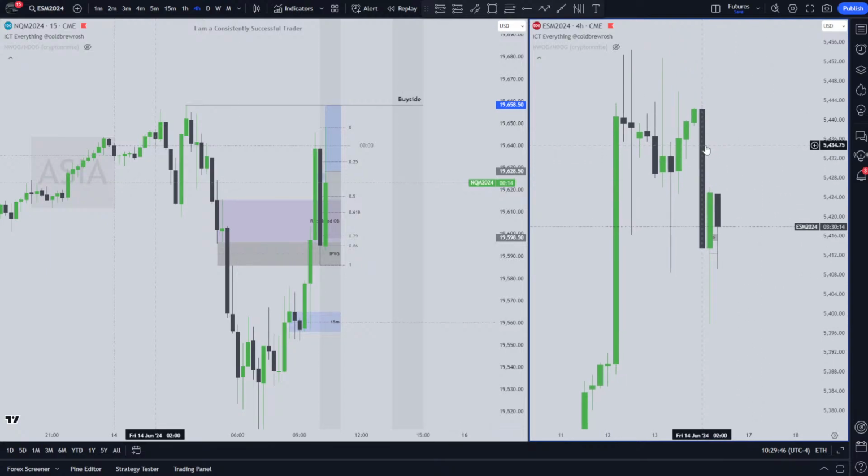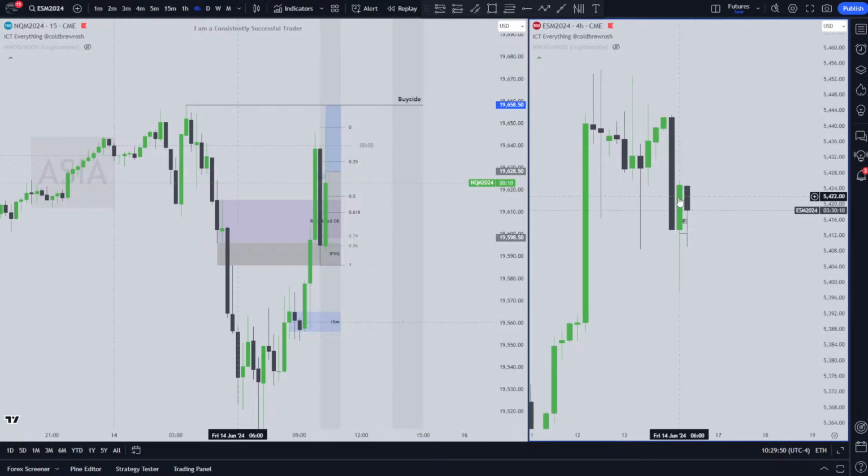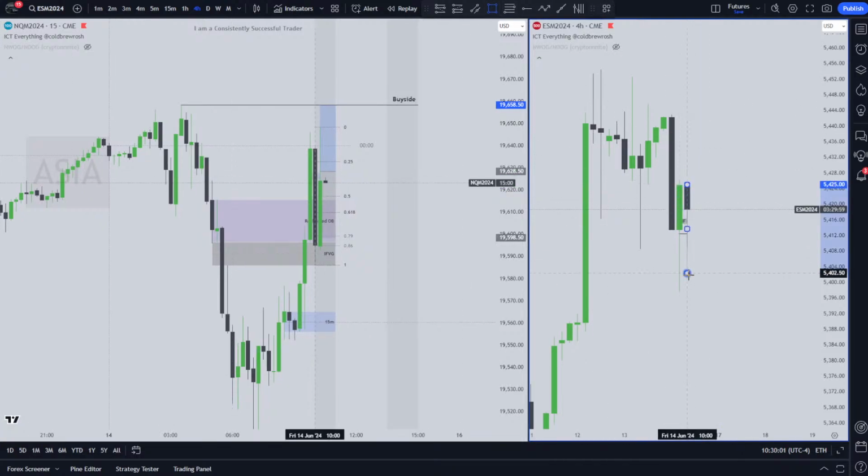Because based on pattern recognition, the more likely scenario is that it touches this fair value gap to then continue lower. That looks a lot cleaner than if it was to just drop. I don't know, but I guess we'll see what we get.